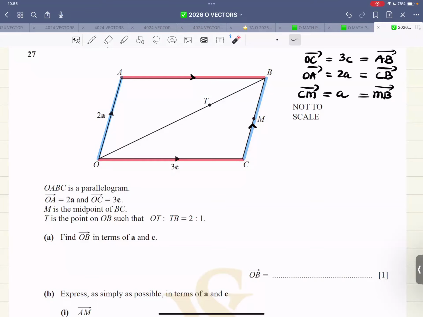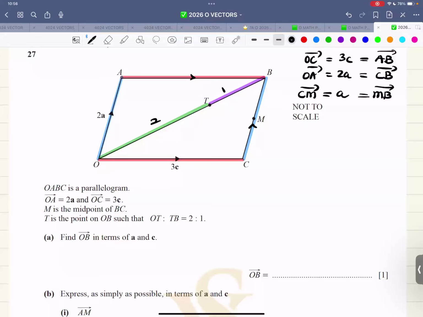All good? T is the point on OB such that OT is to TB is 2 to 1. So let me label it. OT is to TB is 2 to 1. So this is 2, this is 1. That is the ratio.